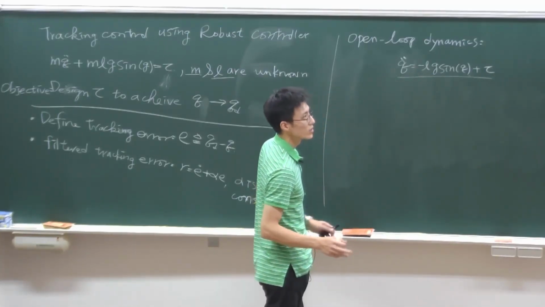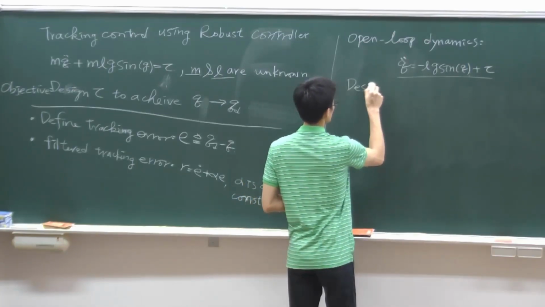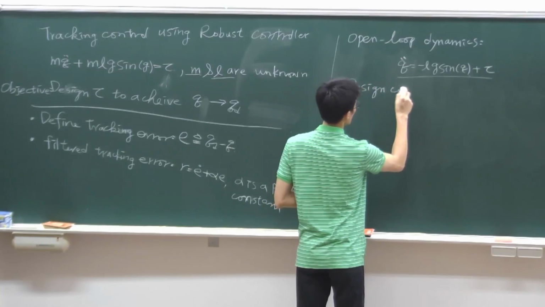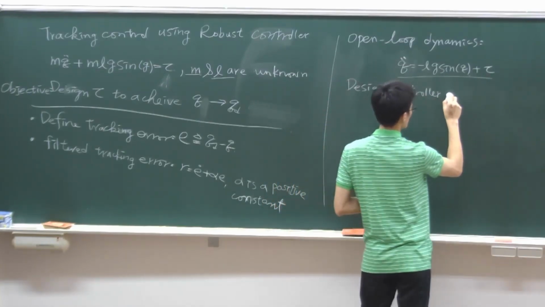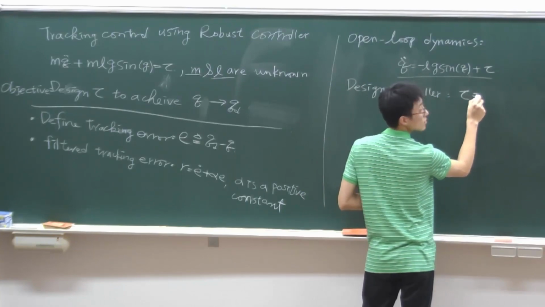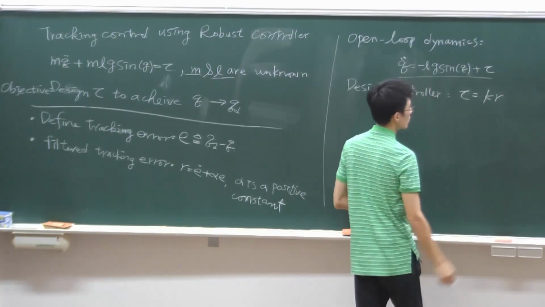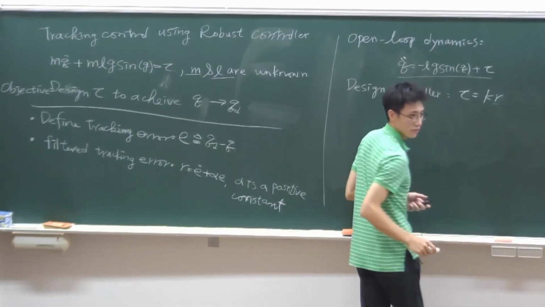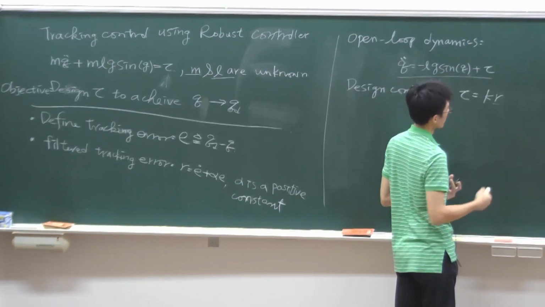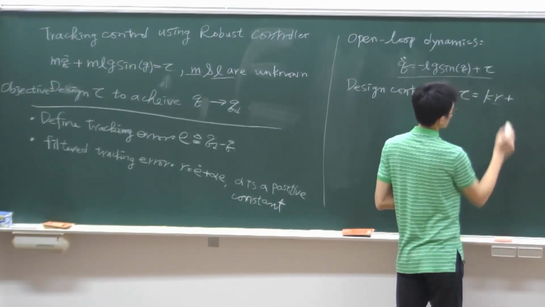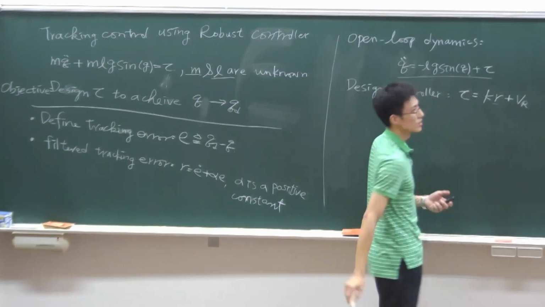And let's say we design the controller tau as a feedback term, kr, because r is now the filtered tracking error. You can consider it as a new tracking error, plus robust terms to be designed.